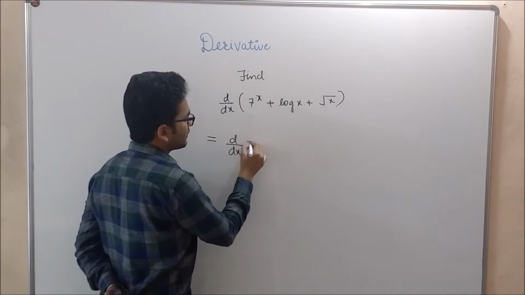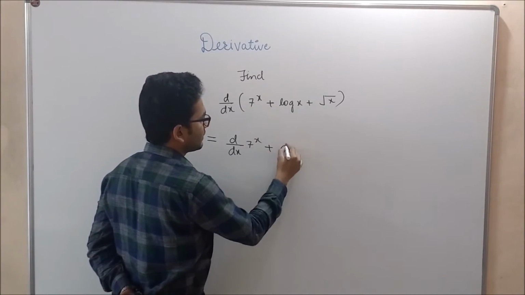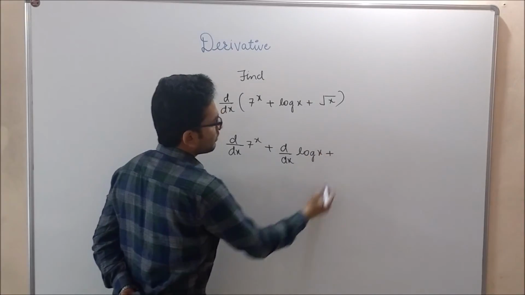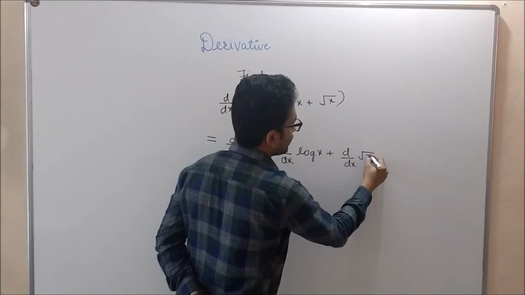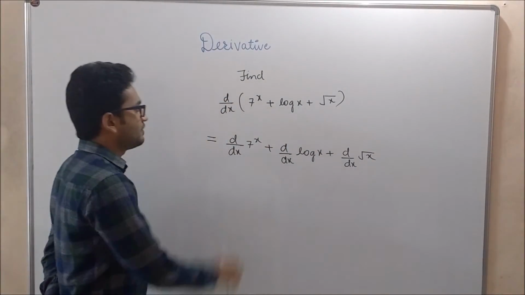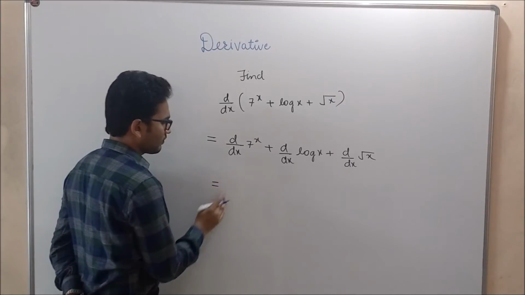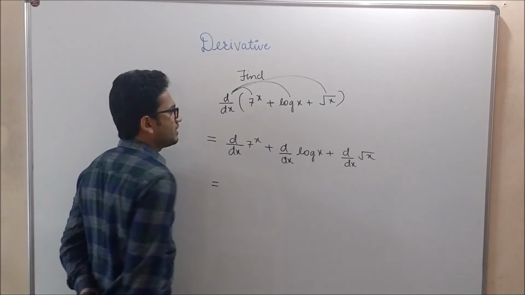So derivative of 7 raised to x, d upon dx will get multiplied to each and every term: d upon dx of log of x plus d upon dx of root of x. Right? What we have done is we have just opened the brackets and multiplied d upon dx with every single term.